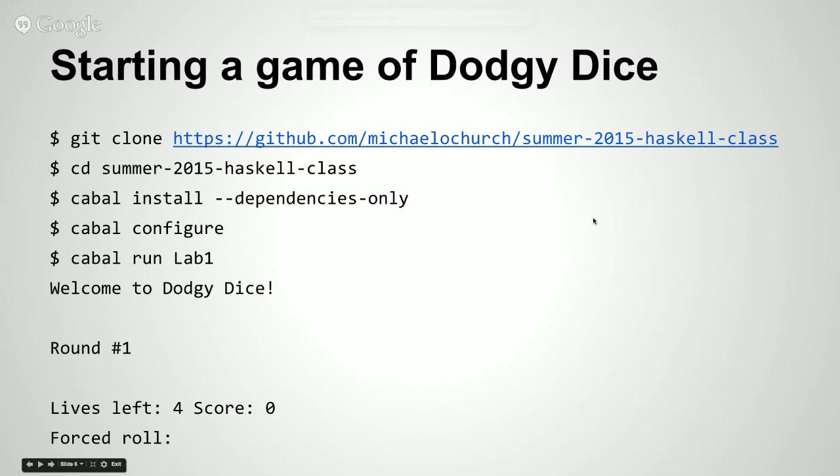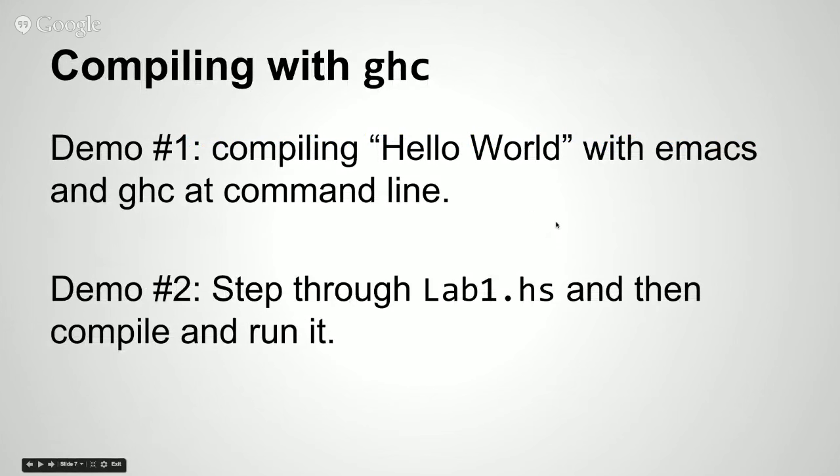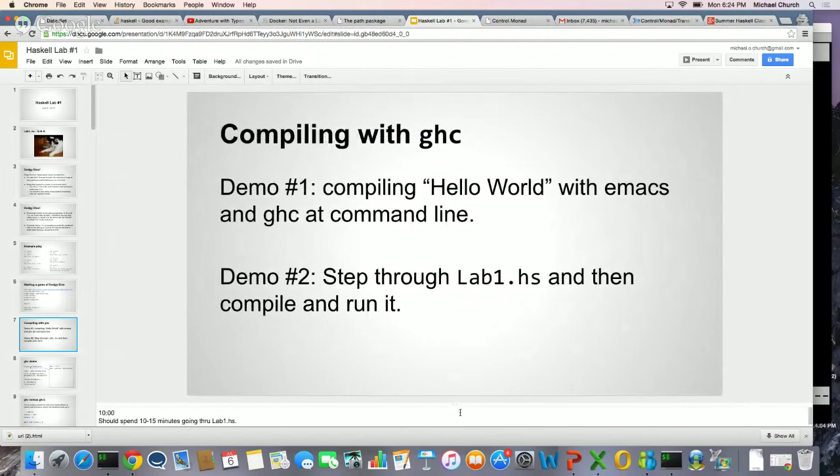All right. So I'll demo a couple things. I already stepped through lab1.hs and ran it. I'm just going to go through compiling Hello World with GHC at the command line, just to show you that it can be done.